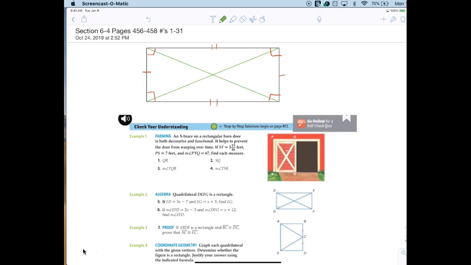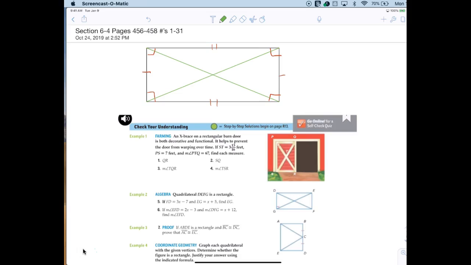Now, in a parallelogram, are the diagonals congruent? No, remember, if it tilts, one diagonal is getting smaller and one is getting larger. But in a rectangle, what looks to be true about the diagonals? They look congruent. Now, how easy is that to prove?